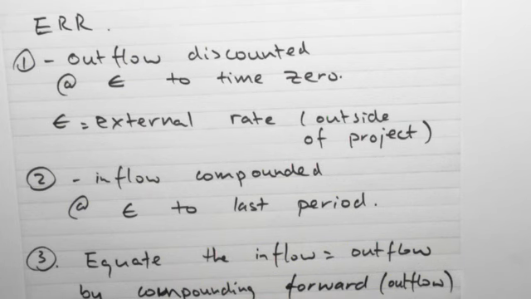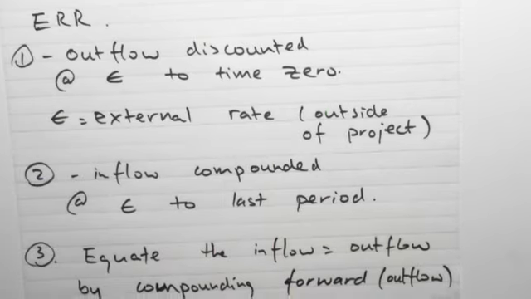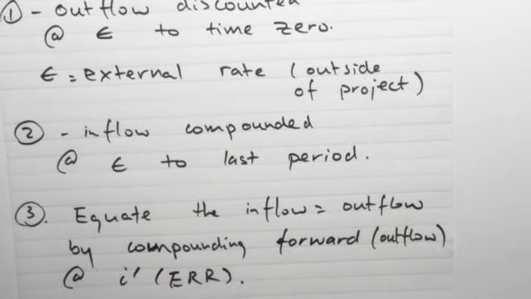The first step we do is we discount all the expenses at the external rate back to time zero. Then the second step is that all the inflow, the revenue, we compound at the external rate to the end of the project's life. Once we have done those two, we simply equate the two equations by compounding the outflow at our external rate of return.